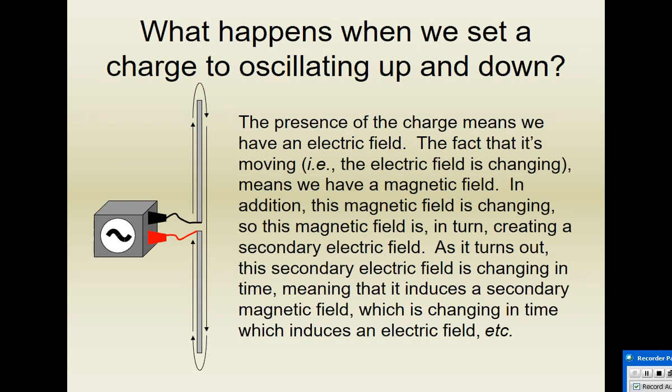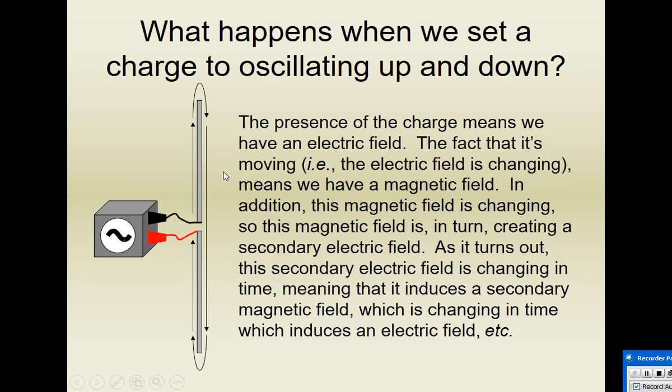And the way that magnetic field is changing in time causes the secondary electric field to be changing in time. And so that secondary electric field changing in time creates a secondary magnetic field. And the secondary magnetic field creates a third-order electric field. And the third-order electric field creates a third-order magnetic field, and so on and so forth.